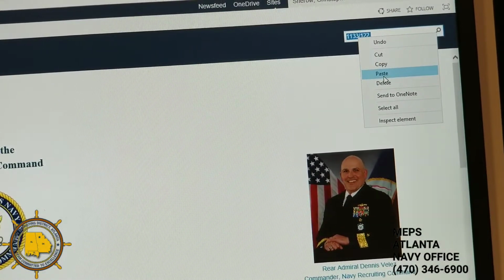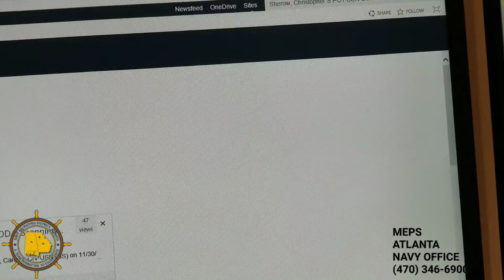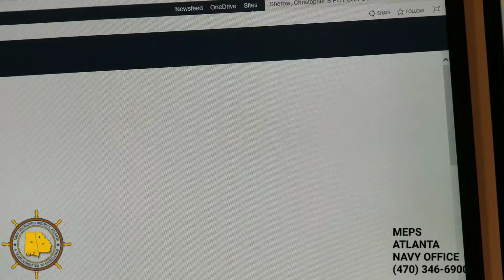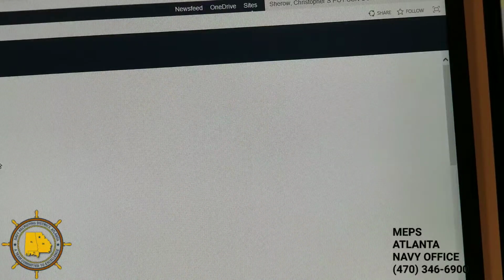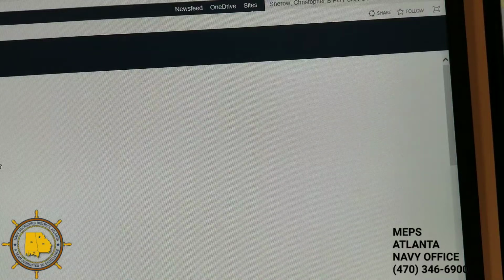We're going to go ahead and paste that document number in the search, and we've got to dial it in for the actual revision.